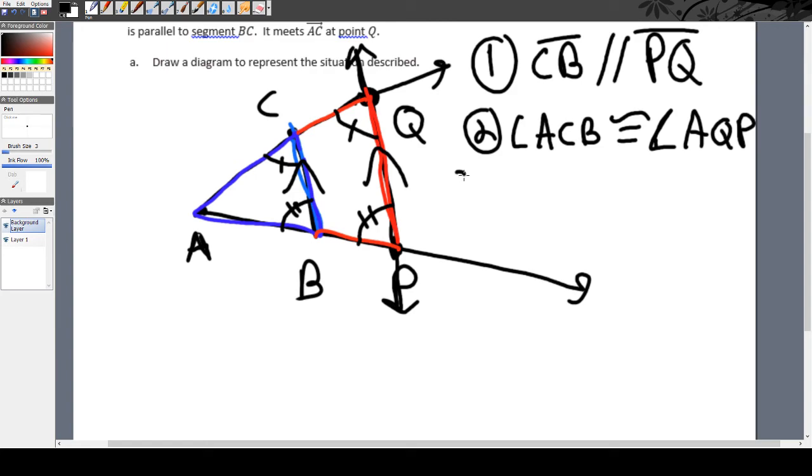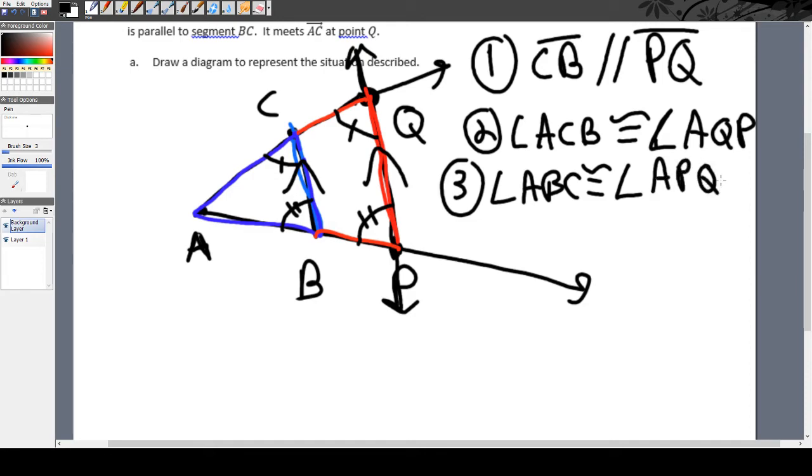So part 3 would be the angle ABC is congruent to angle APQ. And again, same reason, they are both corresponding angles.